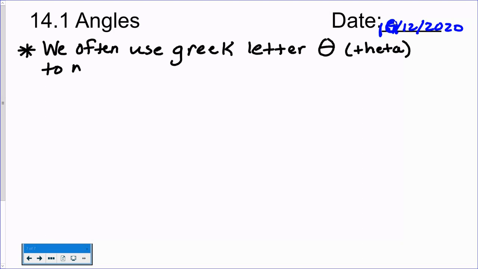To name an angle measure. All right, so it's basically using a variable to replace an angle that we are not sure of its value. But that is the most common variable we end up using is that Greek letter theta.